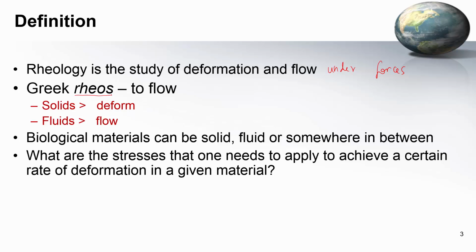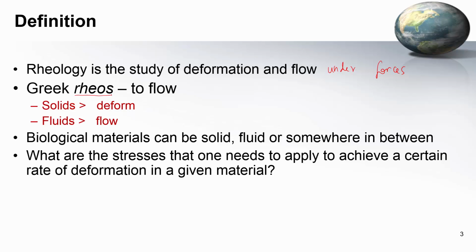So when you apply forces to a biological material, if it is a solid, it's going to deform. If it is a liquid, it's going to flow. The biological material can be solid or fluid, but most commonly it's somewhere in between. Let's say an apple is primarily a solid, but it has a huge moisture content that acts like a fluid too.